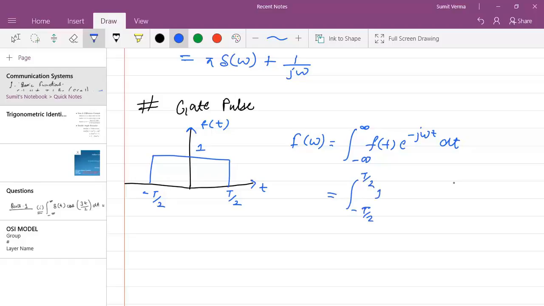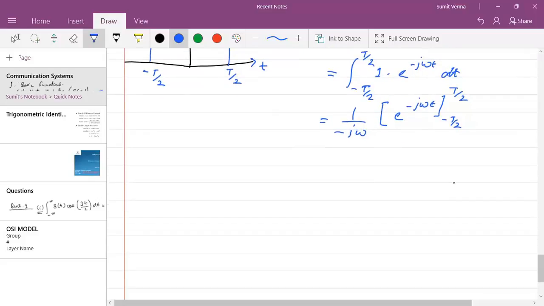The value becomes 1, and we have e to the power minus j omega t dt. If I integrate this, I get 1 by minus j omega e to the power minus j omega t from minus t by 2 to t by 2.